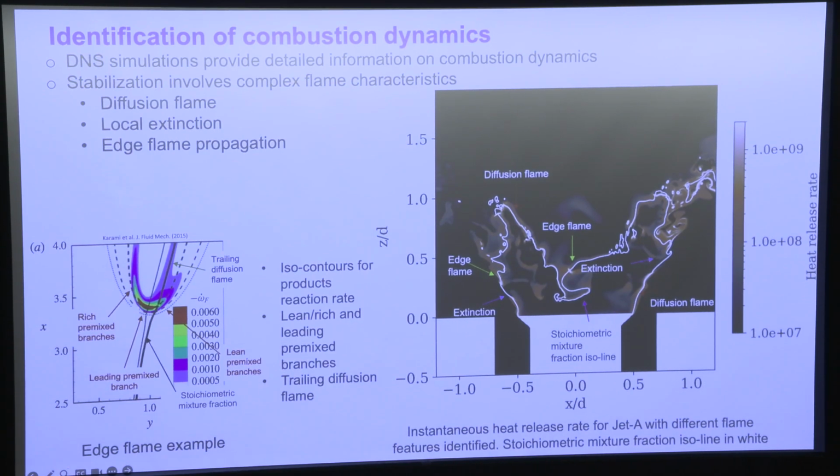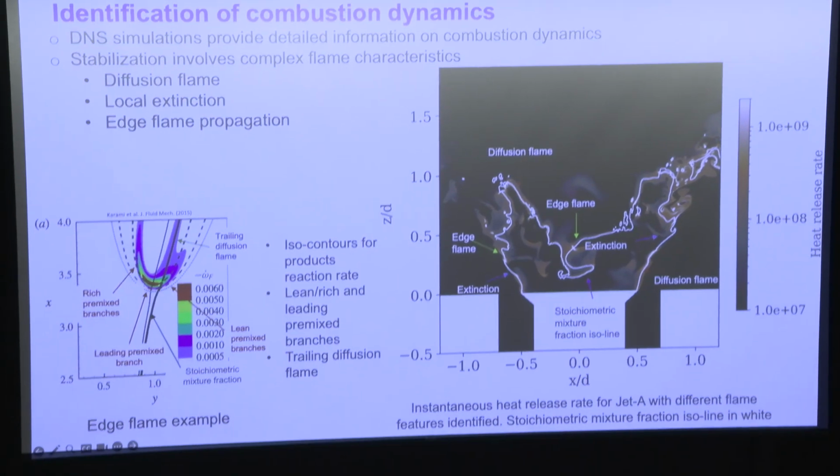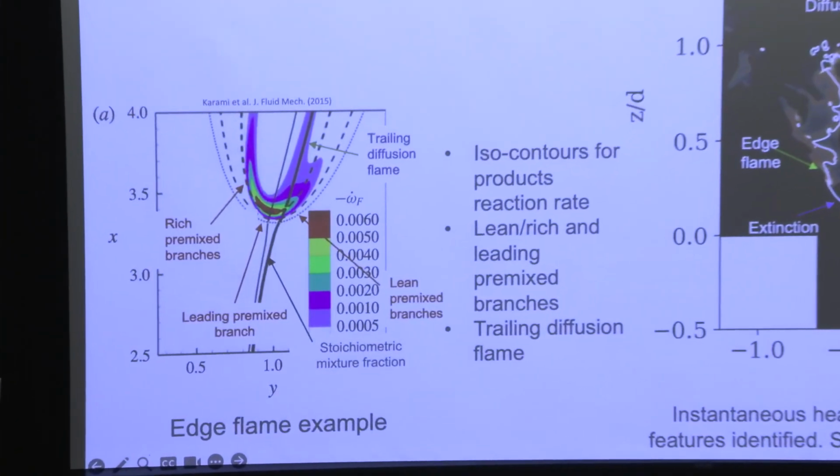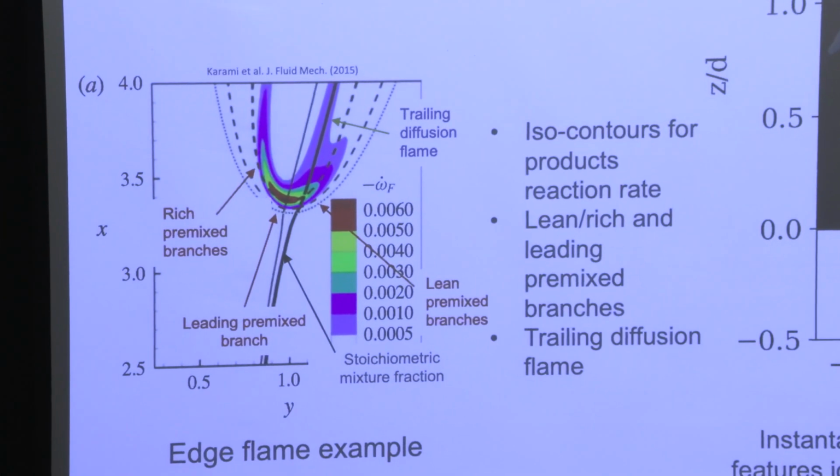And just to introduce you to triple flames, I've drawn a cartoon. Well, actually, this is taken from an earlier paper that we wrote, and it shows the different structures of an edge flame or triple flame, which is comprised of a premixed leading edge that's fuel rich on one side of the stoichiometric mixture fraction and fuel lean on the other side.